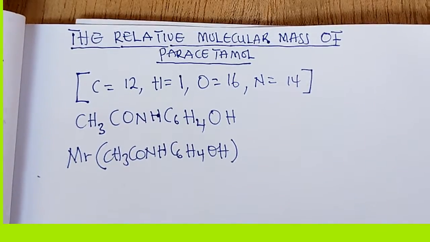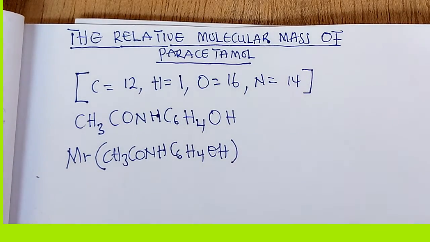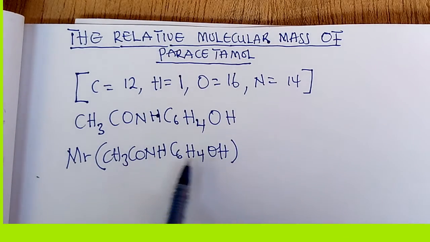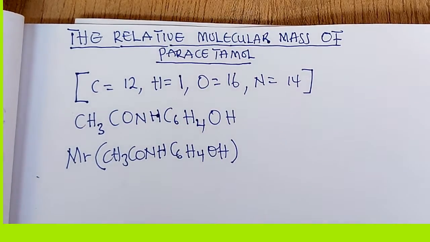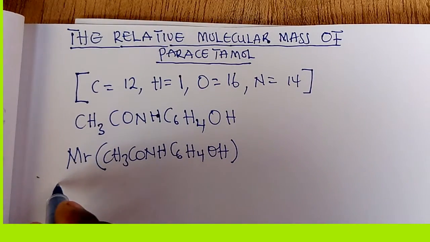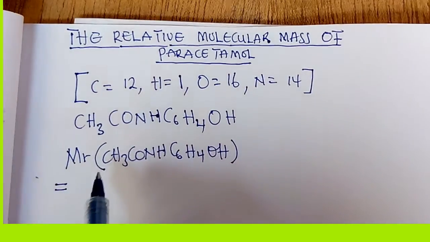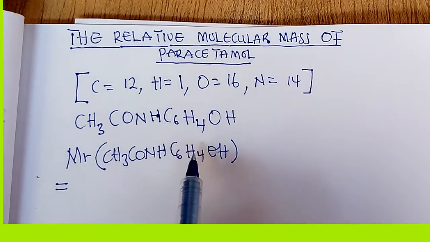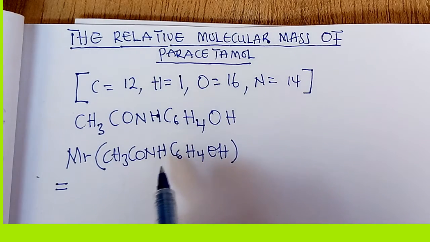What do we need to do next? Let's break this down and reduce this chemical formula. We can do this by counting the number of carbons, grouping them together, the number of hydrogens, grouping them together, and the number of oxygens, grouping them together.